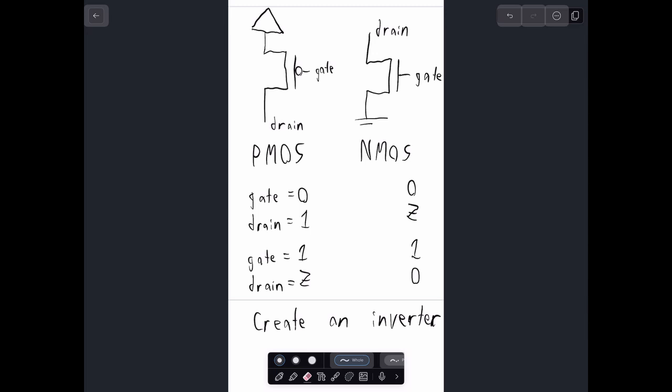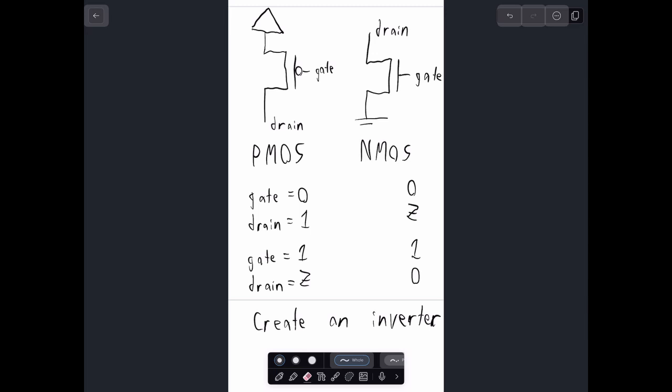And so this right here is an inverter circuit where, if this is 0, is the NMOS or the PMOS activated? Yeah, if it's 0, then the PMOS is going to be driving the drain. So this is the drain.